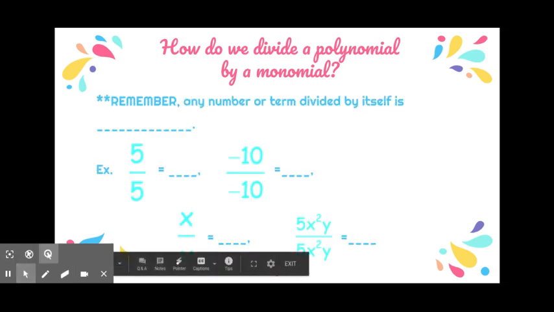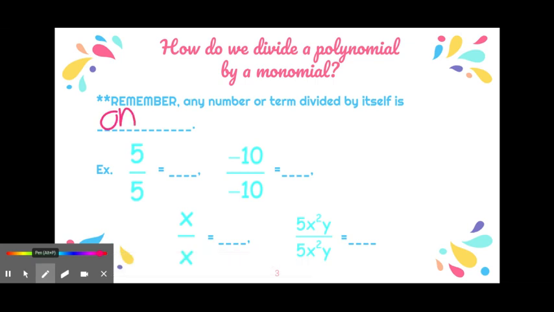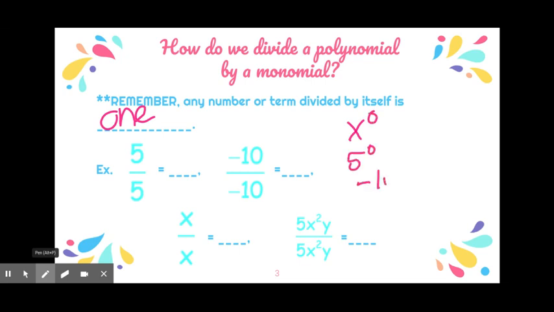The other thing I just want you to remember is that anything divided by itself is 1. We did talk about how anything to the 0 power, whether it be x to the 0, 5 to the 0, negative 10 to the 0, all of those equal 1 by using laws of exponents. But you could just use regular math. Anything divided by itself is 1. So 5 divided by 5 is 1.